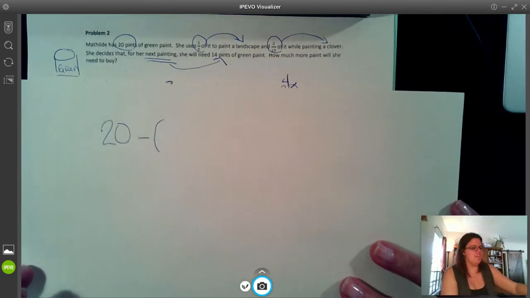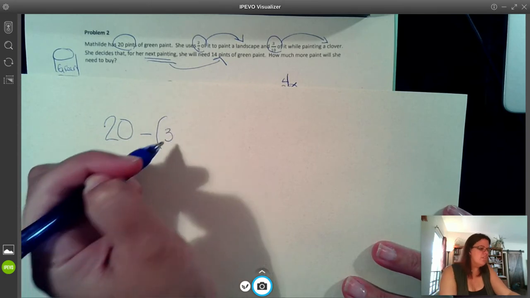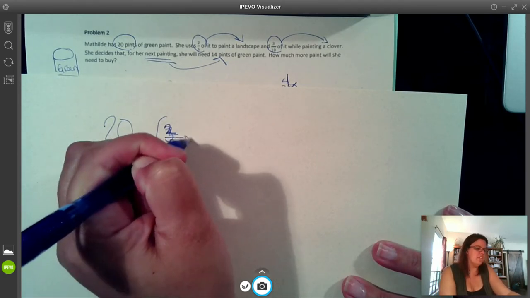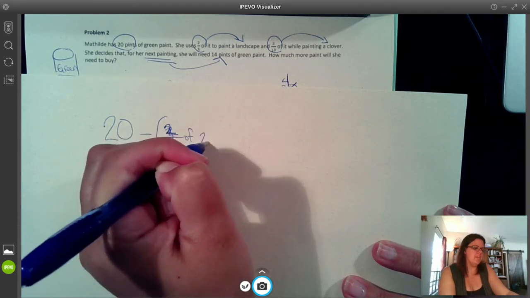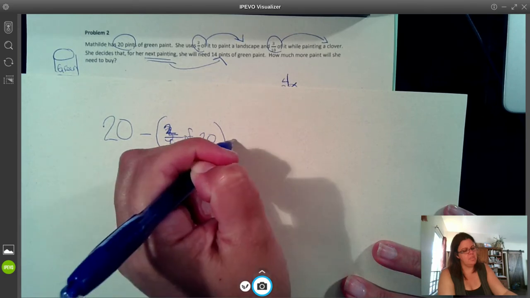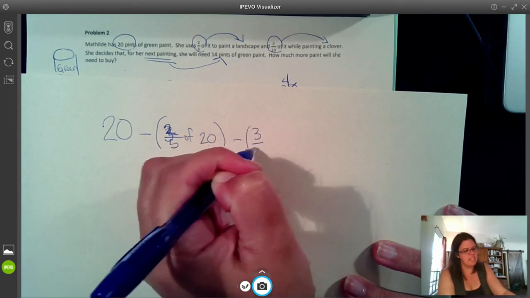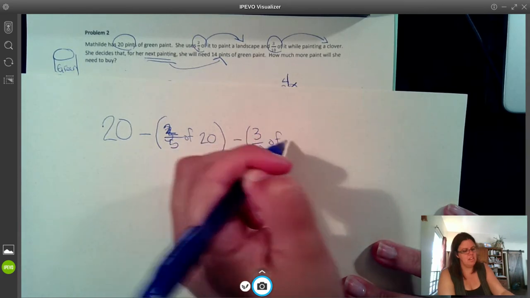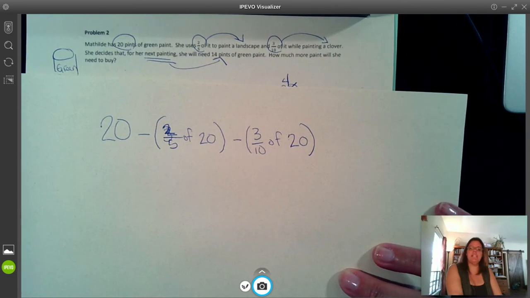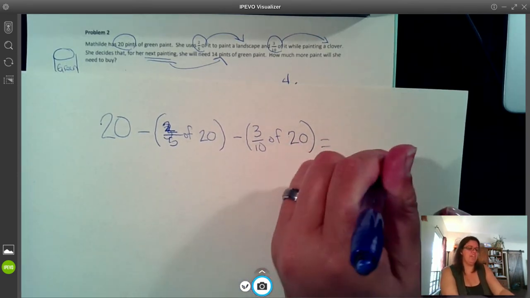We could have done 20 minus 2/5 of 20. And we could have subtracted 3/10 of 20. So we could have just made this into one really long equation that would have given us the answer.